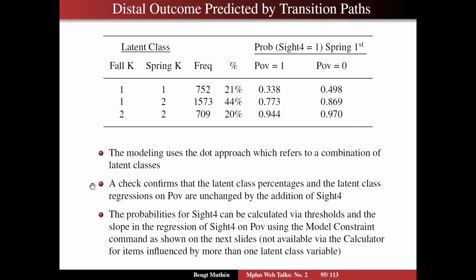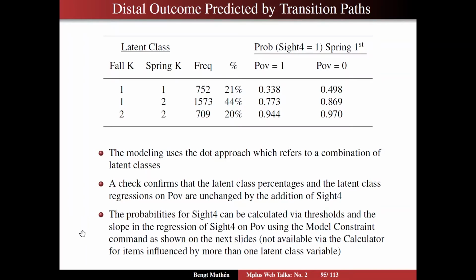Now once you've done this analysis, you want to do a check to confirm that the latent classes stay the same even after adding the site 4 item, and they do in this case. Now the probabilities for site 4 that I show up here at top right can be calculated via thresholds and the slope in the regression of site 4 on poverty, using the model constraint command as I show in the next slides.